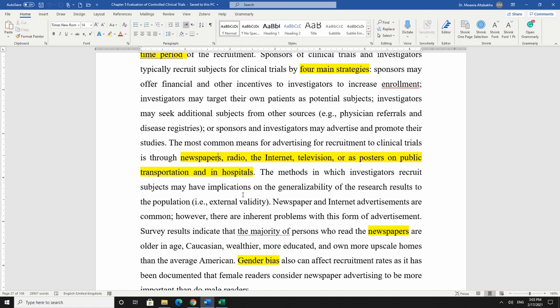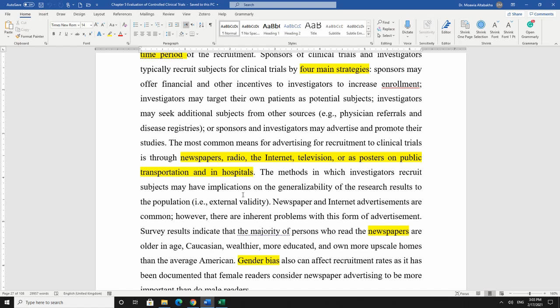Also there is a gender bias, because they found that females are more interested in advertisements in the newspapers than males. So those who will probably look at the advertisement are female subjects rather than male subjects.